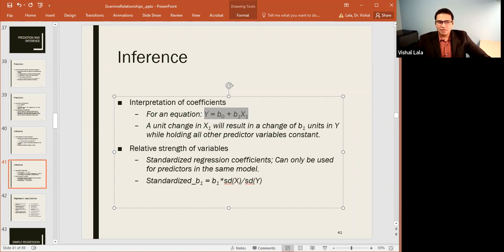Another goal of inference is to understand the relative strength of variables. If there are 4 independent variables or predictors that are driving an outcome, which of them is the strongest predictor? One can determine this by looking at the standardized regression coefficients for the model.